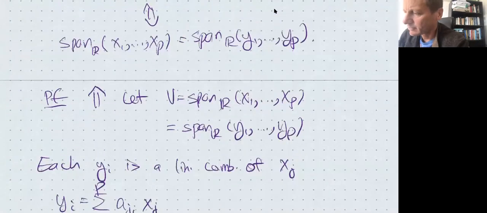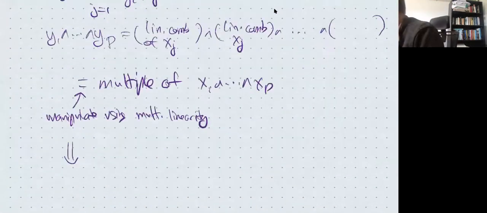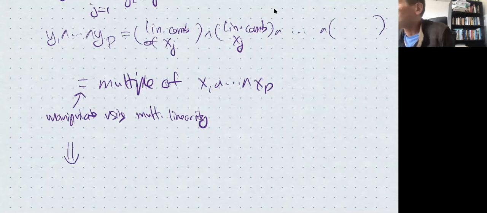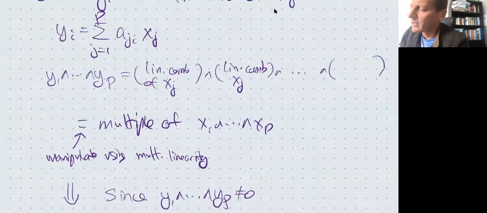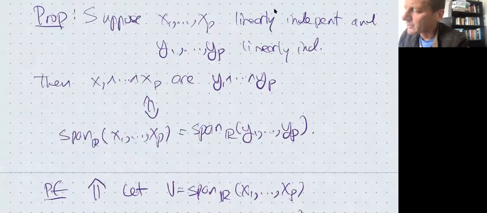For the second direction, we're talking about linearly independent p-tuples.